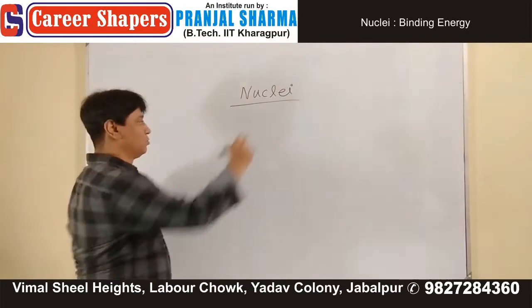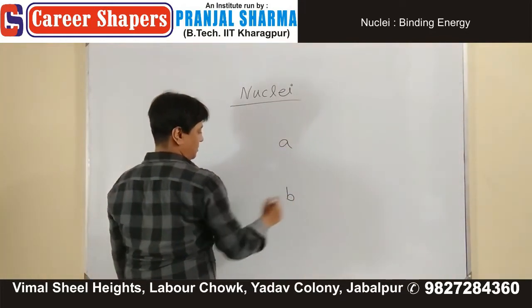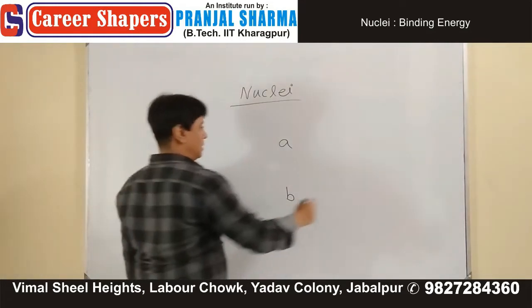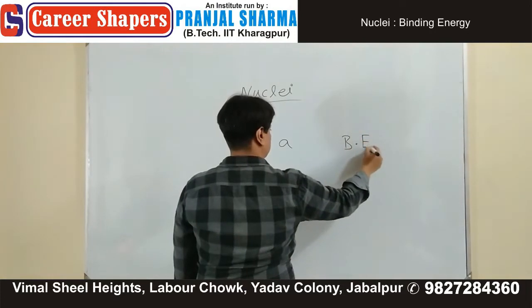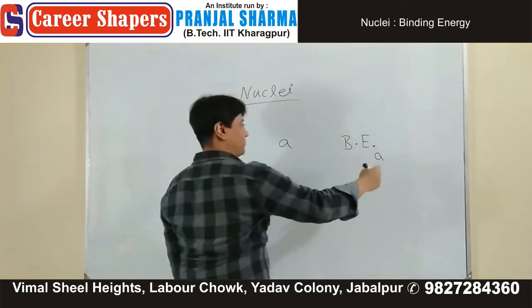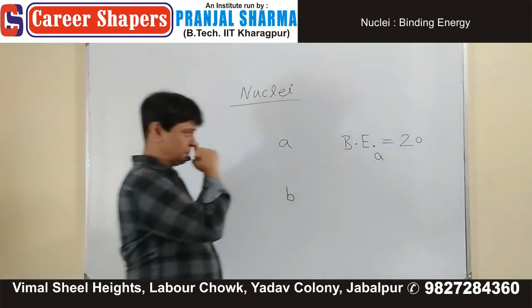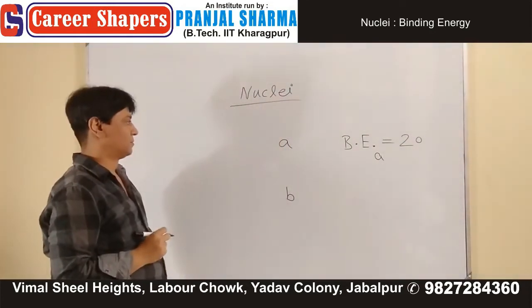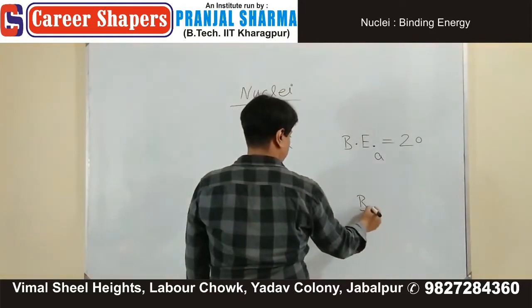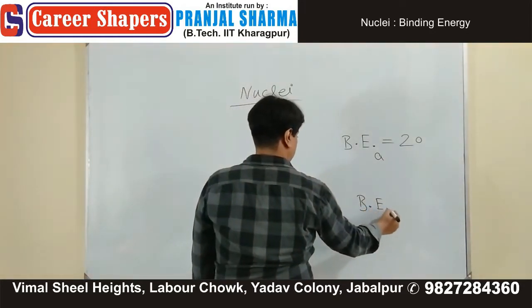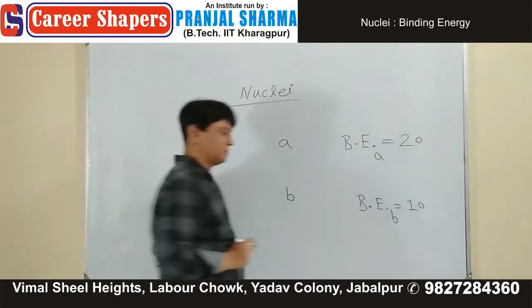Suppose there are two elements A and B. Binding energy of A is 20. Binding energy of B is 10.